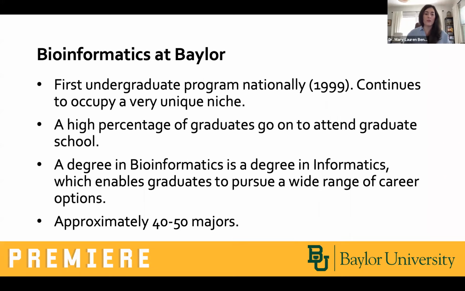But our degree in bioinformatics is a degree in informatics, which means there are a wide range of options that you can pursue, not just things that are strictly bioinformatics, but it opens the doors for many things in the medical, biological, and chemical fields. And so we have about 40 to 50 majors. So it's not a huge program, but there are some really strong cohorts that have come through our group.